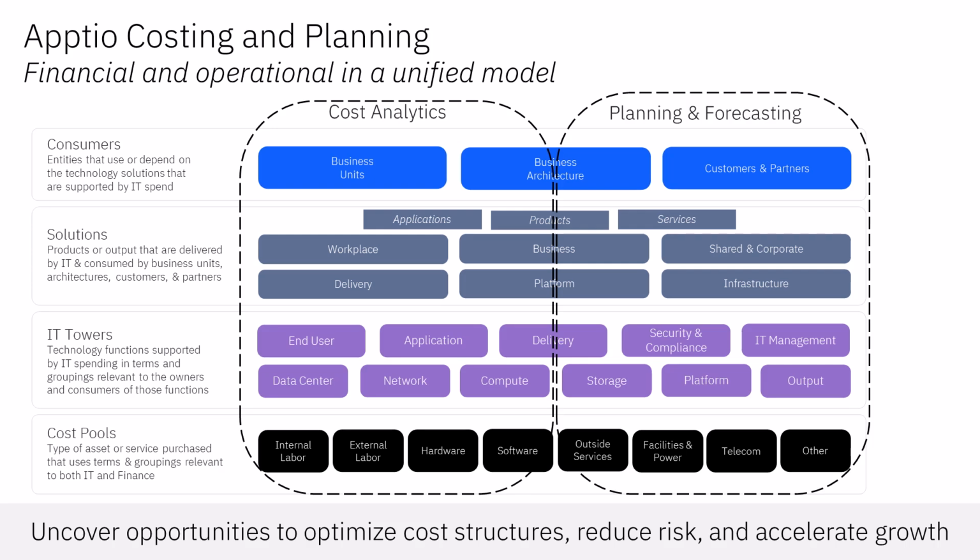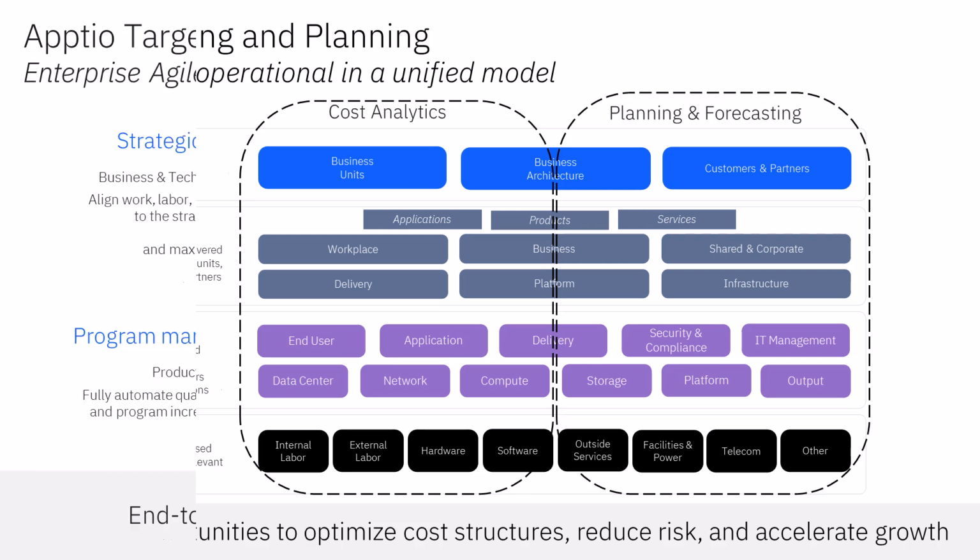This is an industry-standard taxonomy that has 4 layers, which you can see on the left-hand side: consumers, solutions, IT towers, and cost pools. And there are 2 categories, which are shown by the dashed circles: cost analytics, planning, and forecasting, and a number of subcategories.